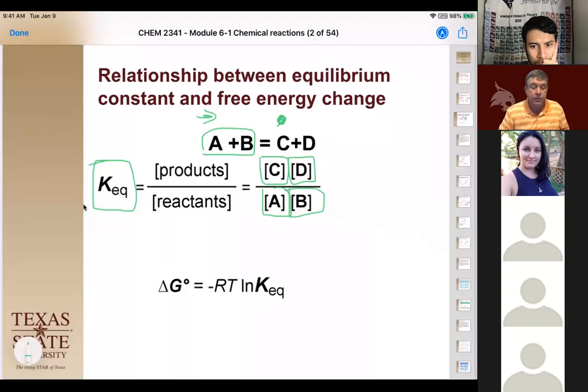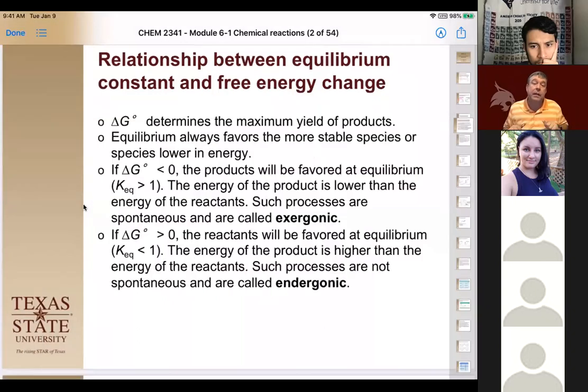Okay, so what does this mean? So the relationship between the equilibrium constant and the Gibbs free energy means that the change in Gibbs free energy determines the max yield of your products, okay? Because the equilibrium is going to shift to a certain point and then it's going to stop, okay? So let's say you have a very big equilibrium constant, meaning that it wants to favor products.